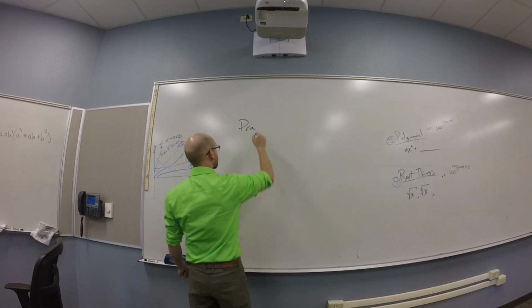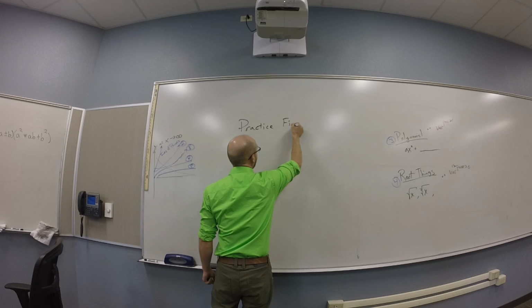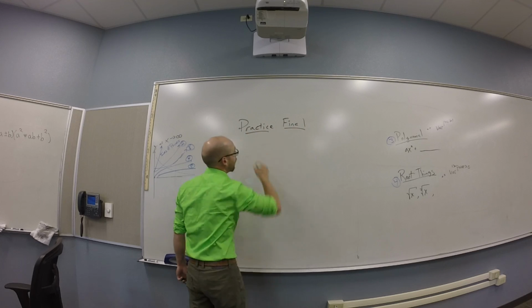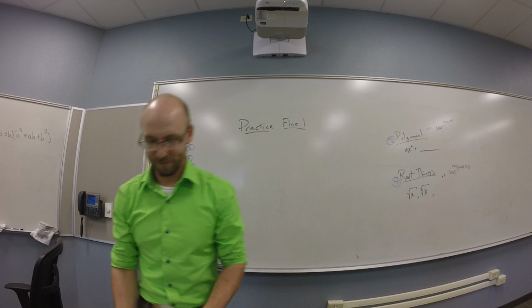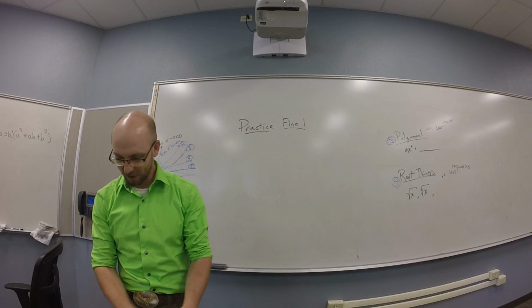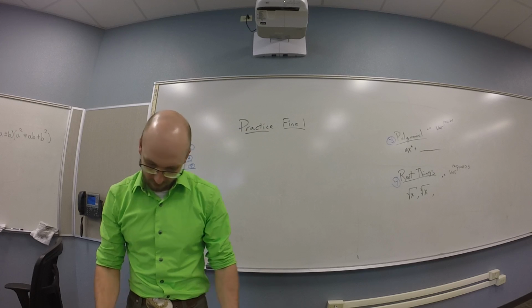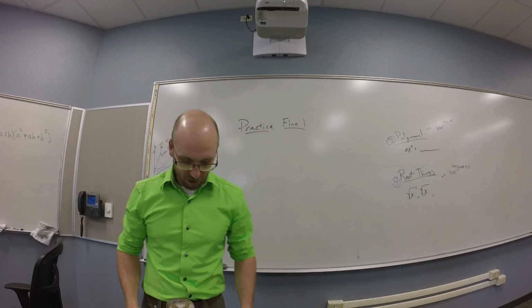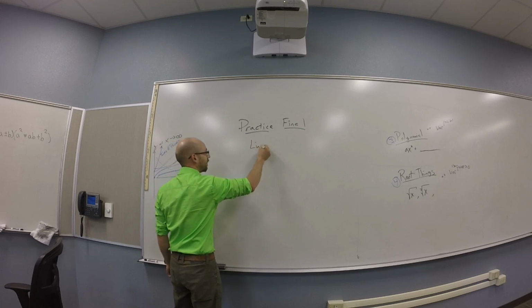Okay, so I want you guys to make a practice final. So what are the chapters we've talked about? Let's go find a table of contents. I think we talked about lines.